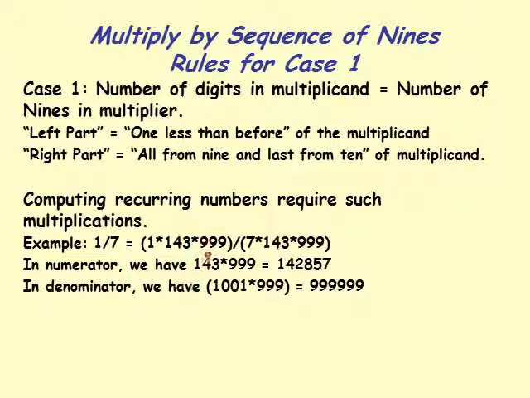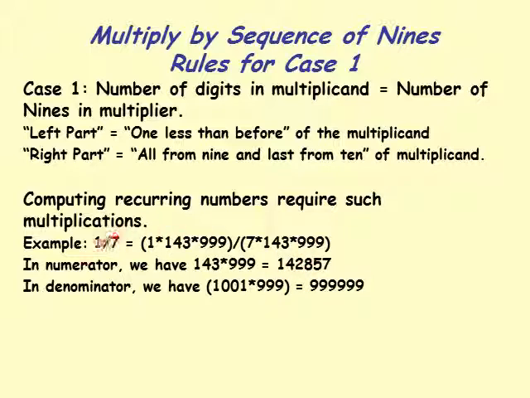In the denominator we have 7 times 143, which is 1001, times 999, which is a sequence of all nines. So 1 over 7 is a numerator of 6 digits divided by a sequence of 6 nines, which is a fractional representation of a recurring number.